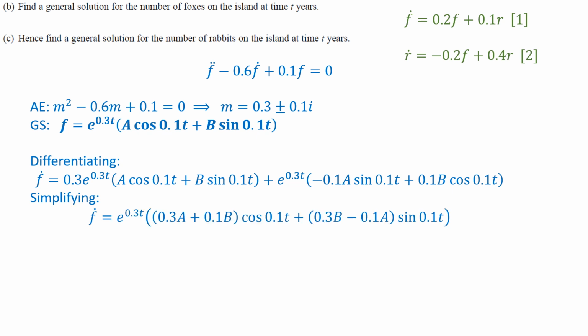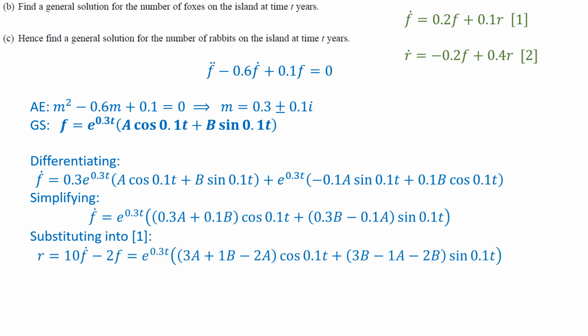And then once you've got f dot, and we've already got f up above, we can substitute it into equation 1, which I've also rearranged slightly. If I want r, it's going to be 10 lots of f dot minus 2f. And once again, as I work through this, I'm recognizing that e to the 0.3t is a factor of everything. And then what remains will either be something times cos 0.1t or something times sine of 0.1t.